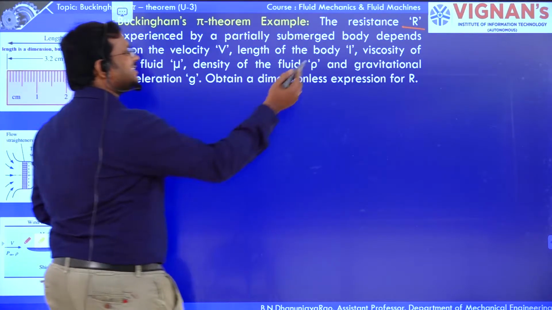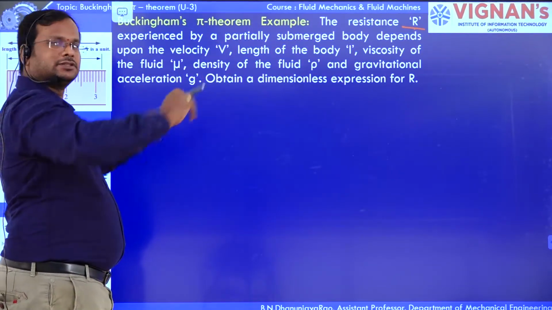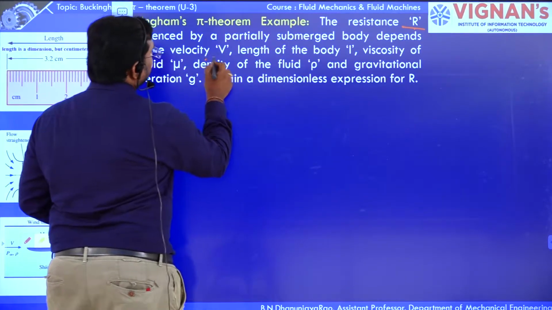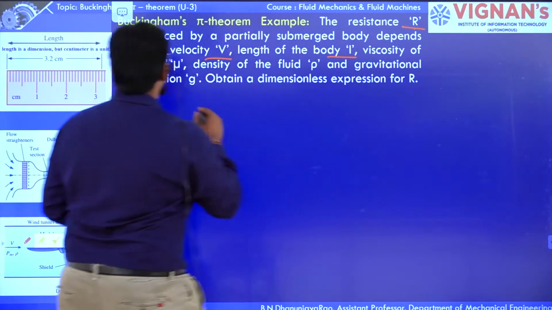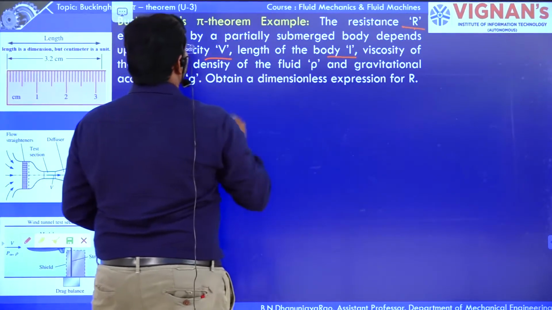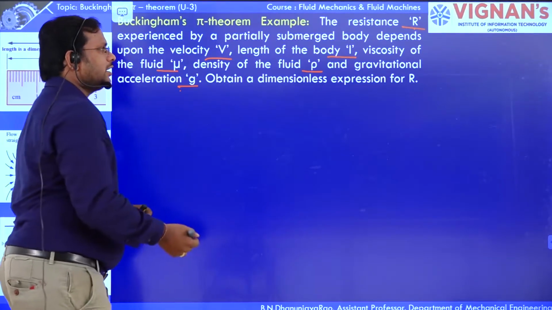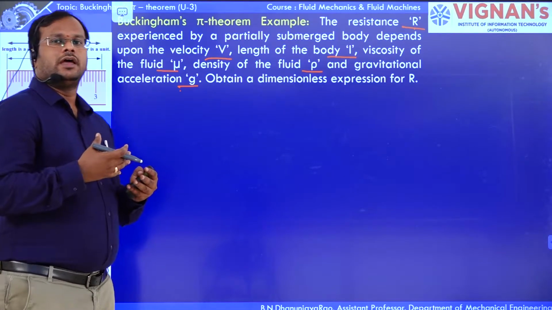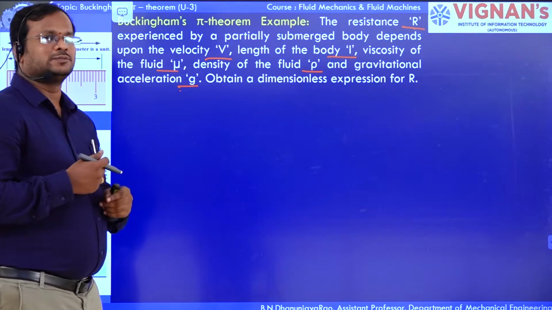So this resistance depends upon many variables. It depends on velocity v, length of the body L, viscosity mu, density rho, and gravitational acceleration g. Combined, we need to form an expression by using Buckingham's pi theorem.